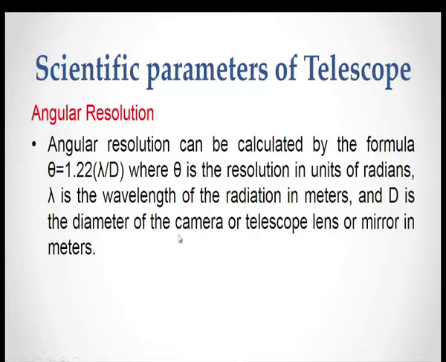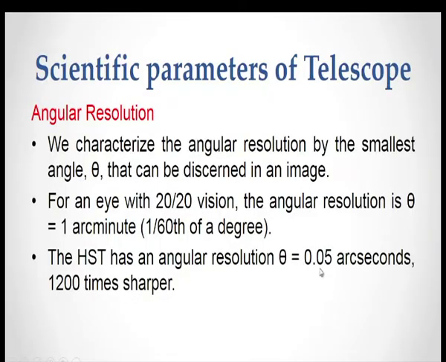So, if we increase the diameter of the camera or telescope lens or mirror or objective, we get a smaller angular resolution value. So, a smaller angular resolution produces a sharper image. As we see here, the Hubble Space Telescope has an angular resolution of 0.05 arc second, but for a human eye, the angular resolution is 1 arc minute.